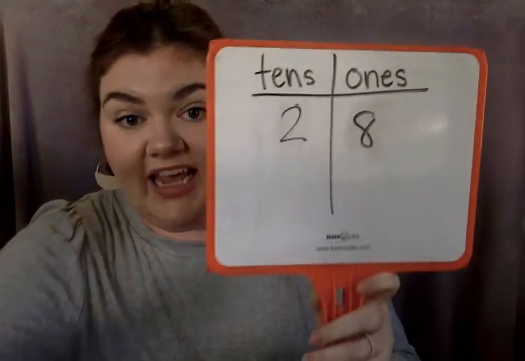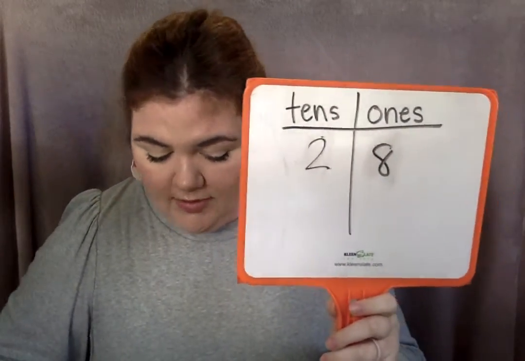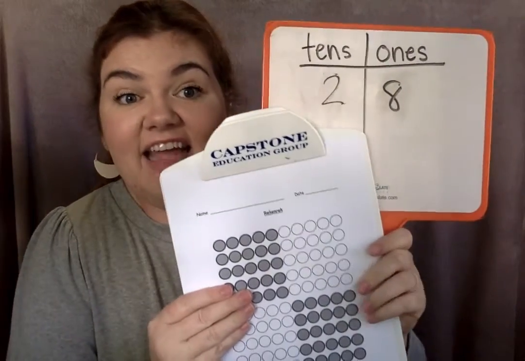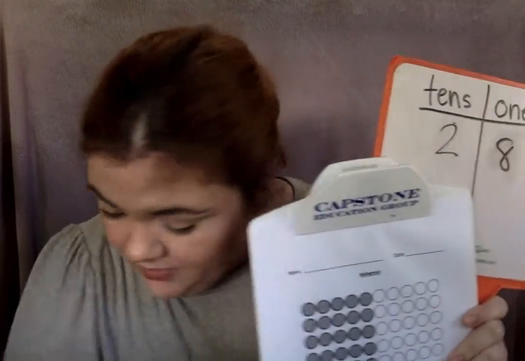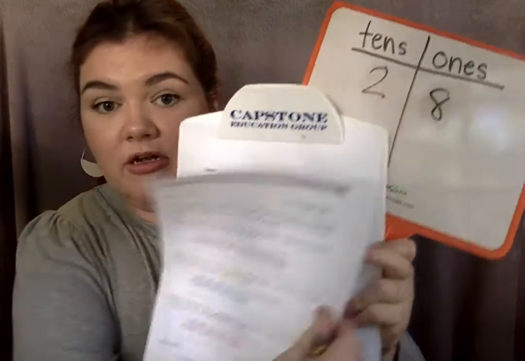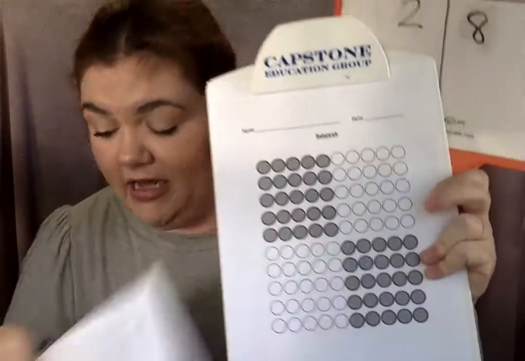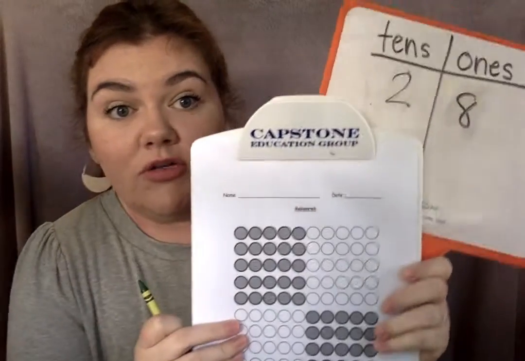So let's look here really quick. Let's do our 28 on our T-chart here. 28. What do we know about 28? It has 2 tens and 8 ones. We know that 28, it says color 28 what? Green. So I'm going to get my green crayon. So 2 tens.